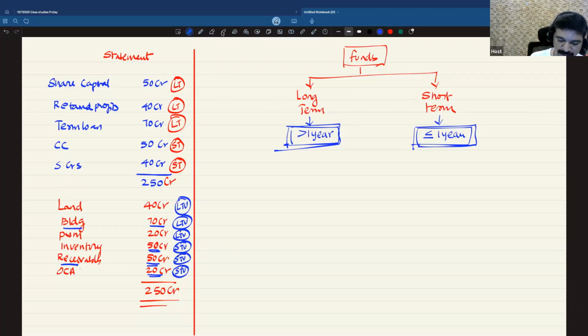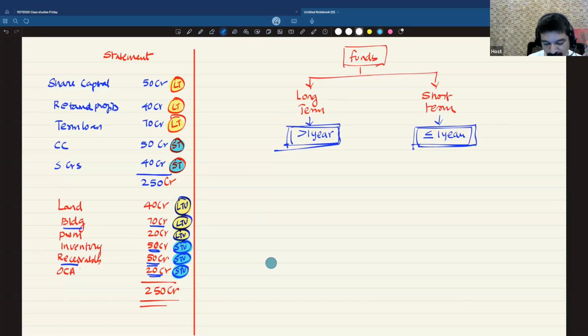So understand one thing. We have classified the uses into long-term uses, and we have classified the sources as long-term sources. And on the usage side, we have classified the uses also as short-term uses, and correspondingly, we also have short-term sources.